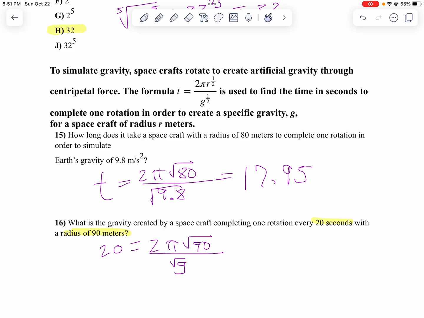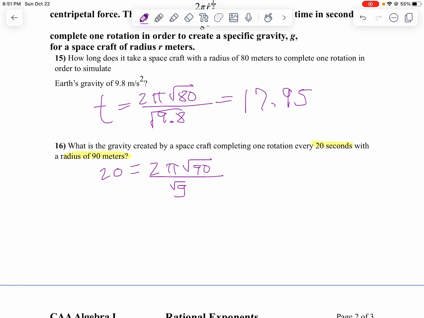Well, I don't like that g in the denominator, so let's do the reciprocal of both sides. So you get 1 over 20 equals the square root of g over 2 times pi times the square root of 90. So then I'm going to multiply both sides by 2 pi square root 90.